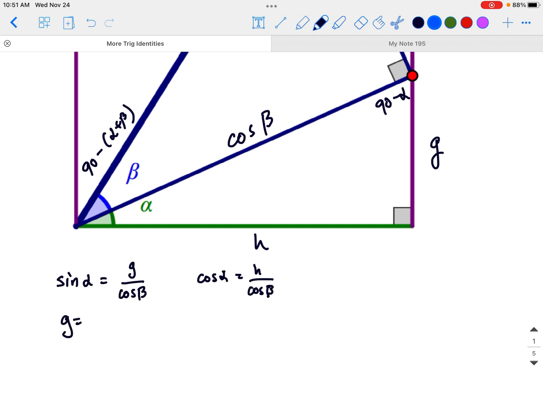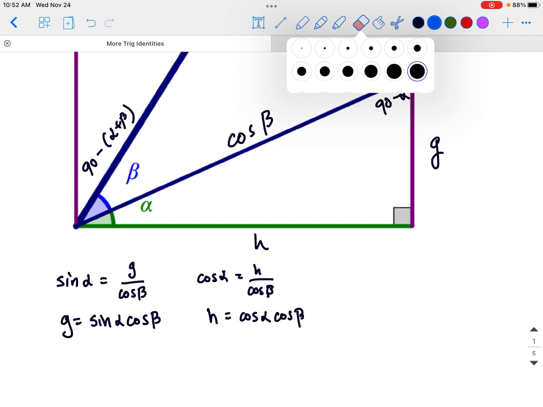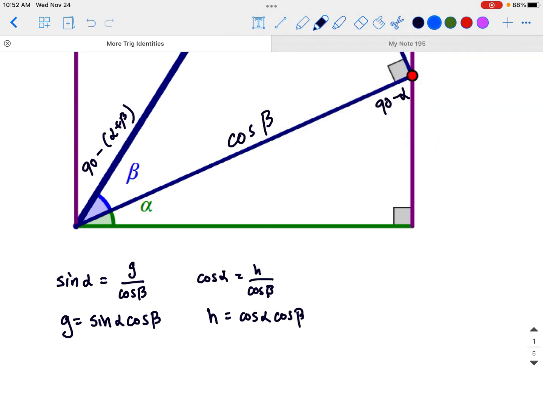So that means that g is equal to sine alpha times cosine beta, and h is equal to cosine alpha cosine beta. Okay, so we've got those two values filled in, which is good. So g is sine alpha cosine beta, and then we've got cosine alpha cosine beta.